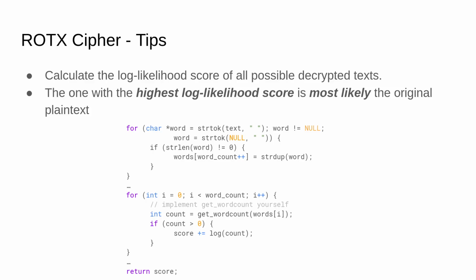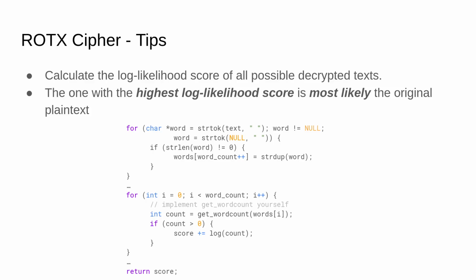Instead of counting the number of words, we calculate the likelihood score for each word in a decrypted text. If a word appears in the dictionary, then we add the log of its count to the score. This is pseudocode showing how this is done.